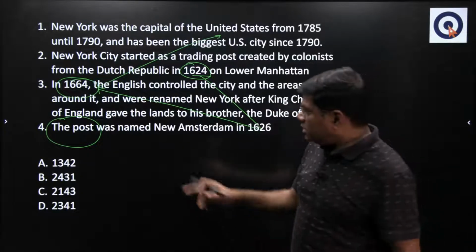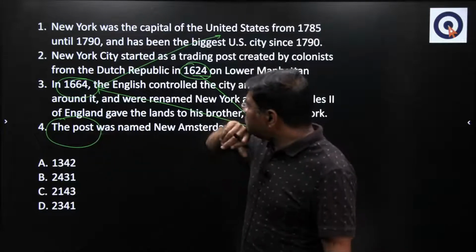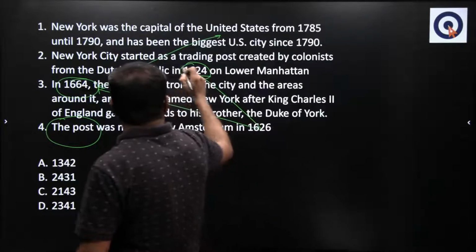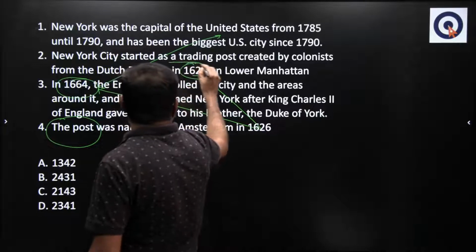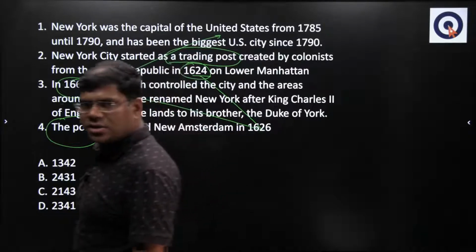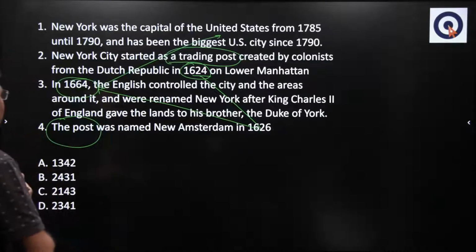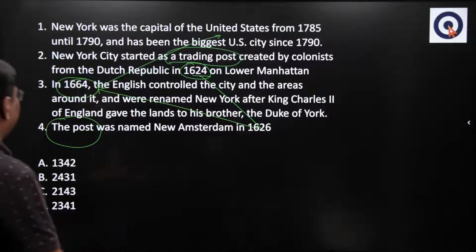Similarly, "the post" here refers to some kind of post. And where is this post visible? This post is visible here in sentence number 2, where you have the phrase "a trading post." It says, New York City started as a trading post created by colonists from the Dutch Republic in 1624 on Lower Manhattan.